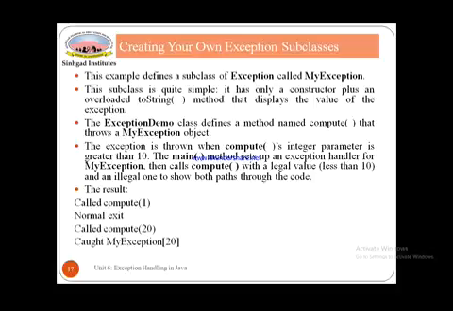The exception is thrown when compute's integer parameter is greater than 10. The main method sets up an exception handler for MyException, then calls compute with a legal value less than 10 and an illegal one to show both paths through the code.